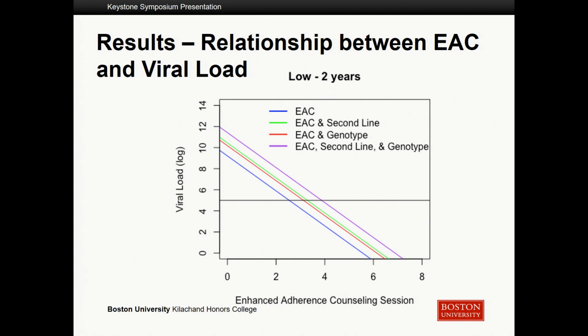And if you look at around 3, which is in this middle section right here, that's actually where the viral resuppression is achieved. And so the thing we wanted to see, though, was if you add on other layers, other factors that can complicate this sort of relationship, what happens?